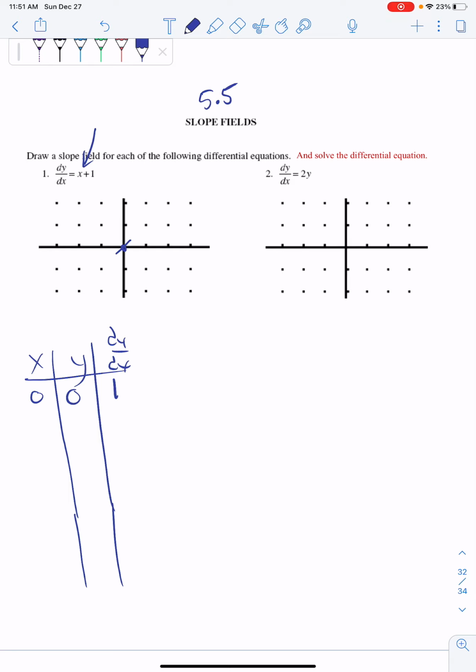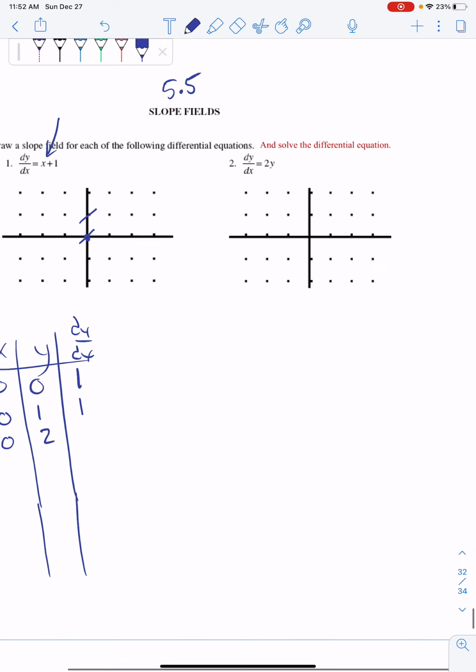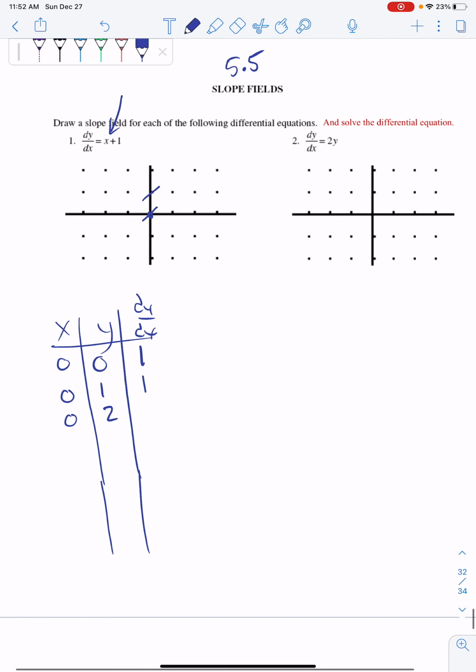Then I pick another point. How about 0, 1? When I plug in 0 and 1, 0 plus 1 is still 1, because my y value doesn't change it, because there isn't even a y value. So at 0, 1, my slope is still 1. At 0, 2, my slope is still 1.